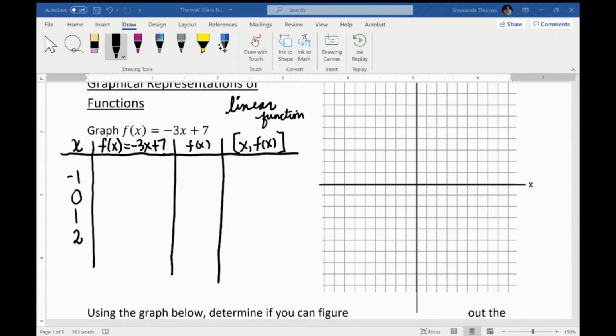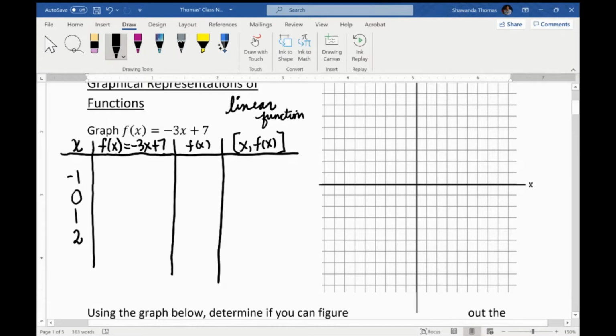It's a good idea to do 3, because you just want to check the other two. But technically, you only need 2 for a straight line. You really need more than that when your graph is not a straight line, like when it's a parabola, cubic, or absolute value. You're going to learn all of that later.